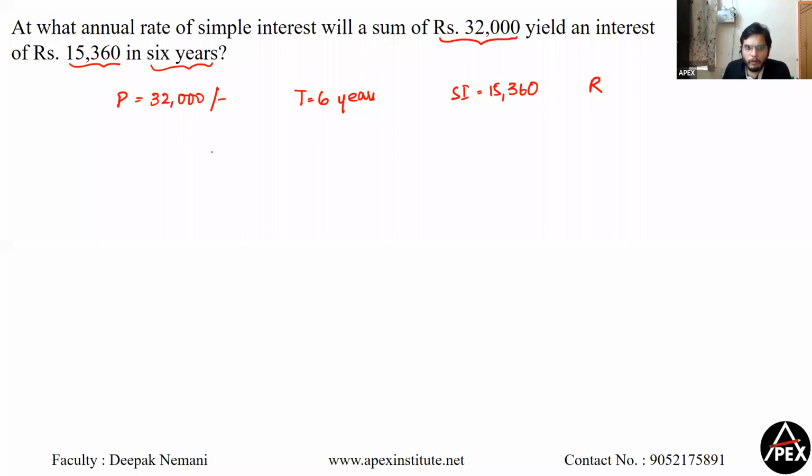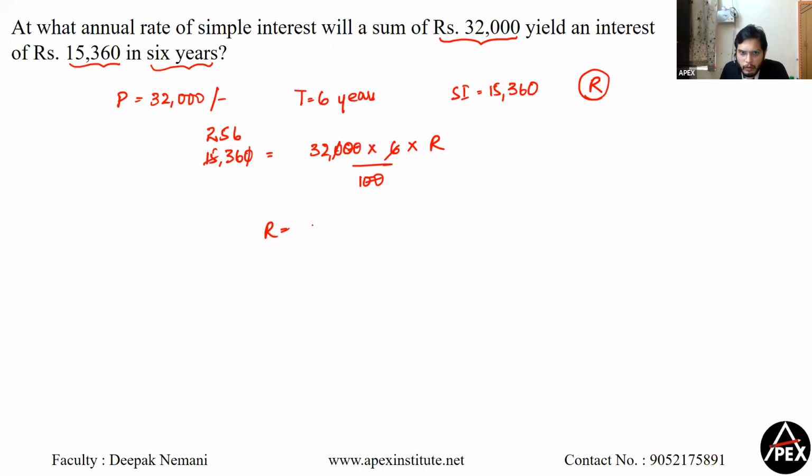So using the same formula, SI 15,360 is equal to PTR by 100. So let the rate of interest be R. So 32,000 into 6 years into rate by 100. So R is equal to, this will be 256.